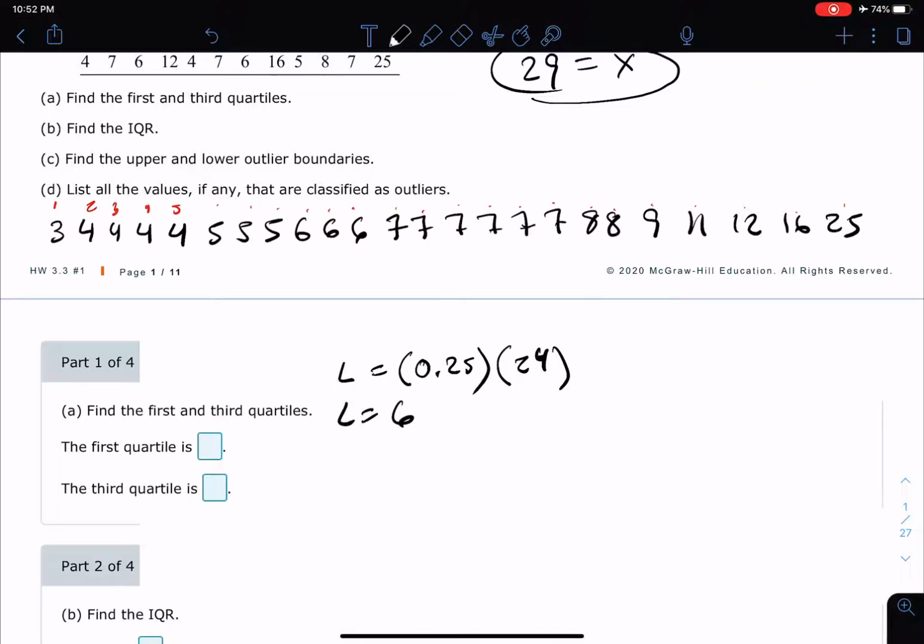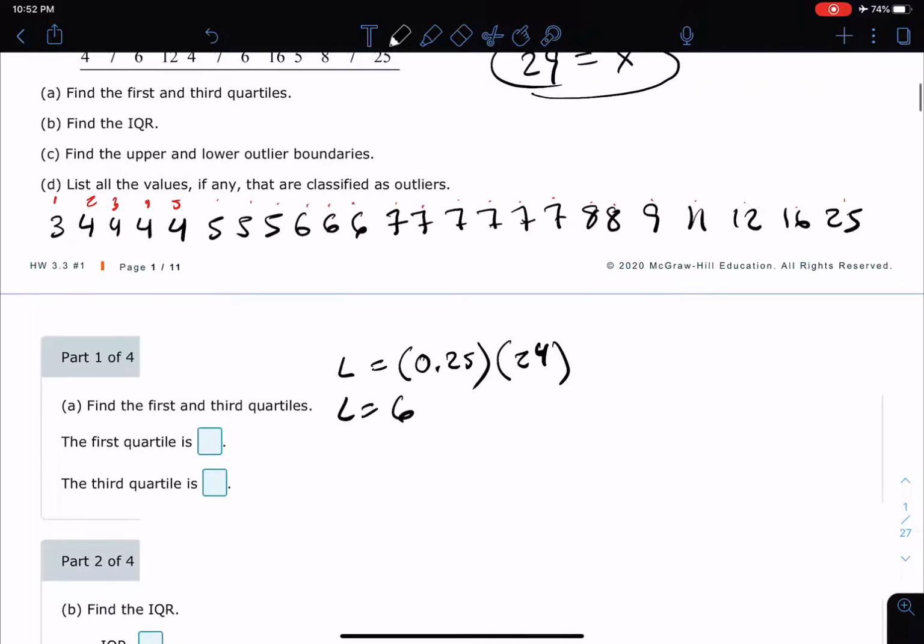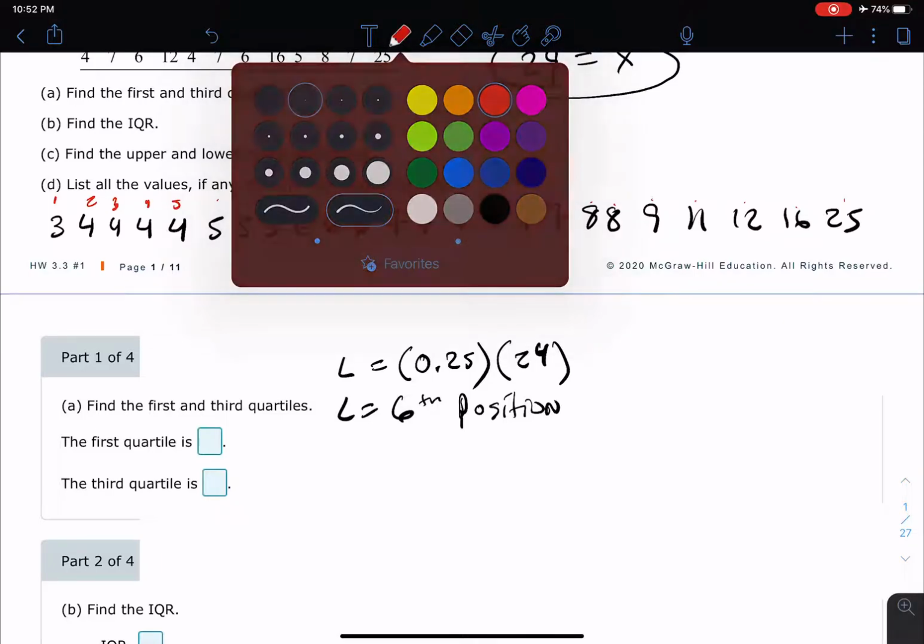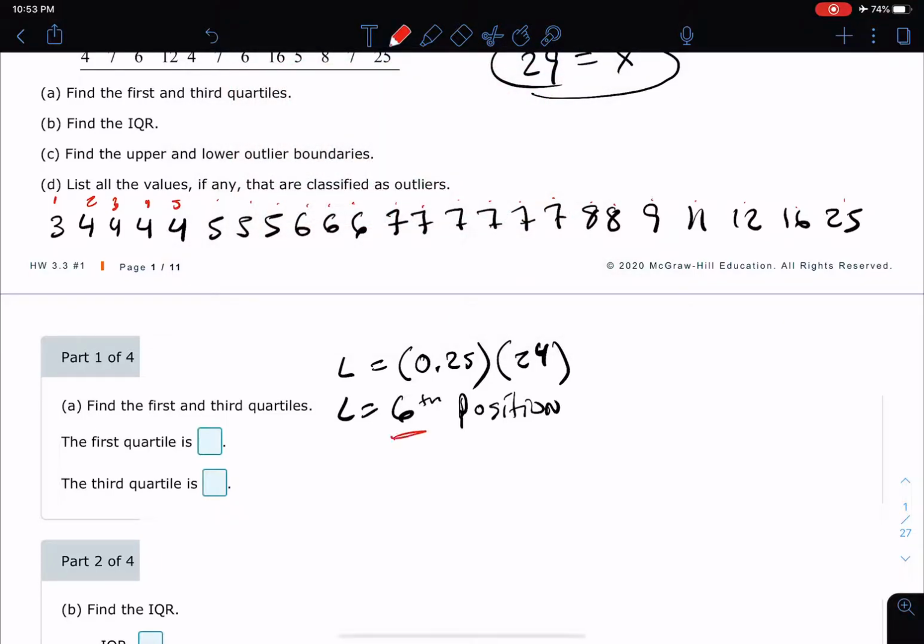Now remember, I'm going to write 6th position, just so we remember. When we're calculating this, we're calculating the position. So this is 1, 2, 3, 4, 5, 6, 6th position.